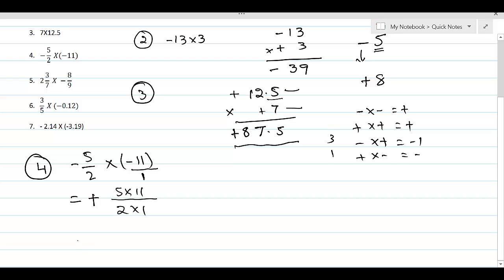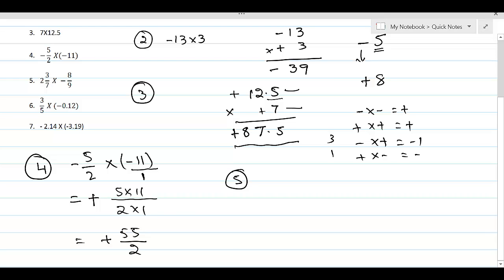So this will give us 55 over 2. It's fine if we don't write the positive sign, it's understood, but if you want to write positive, that's fine too.